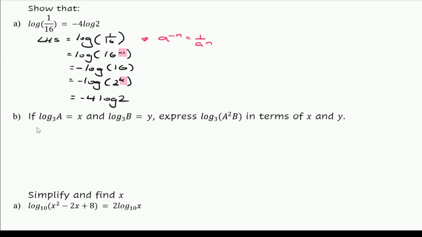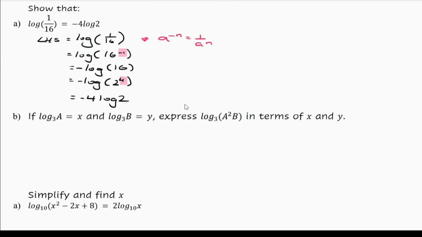The next thing we're going to do is look at if log 3 of a is equal to x and log 3 of b is equal to y, I need to express this term here in terms of x and y. So pretty much I need to make this look like these two here so I can plug this into my expression.